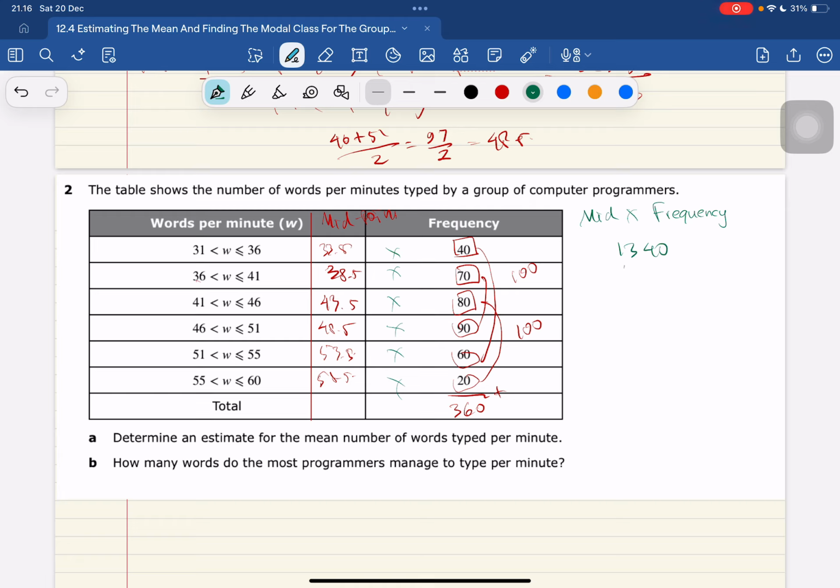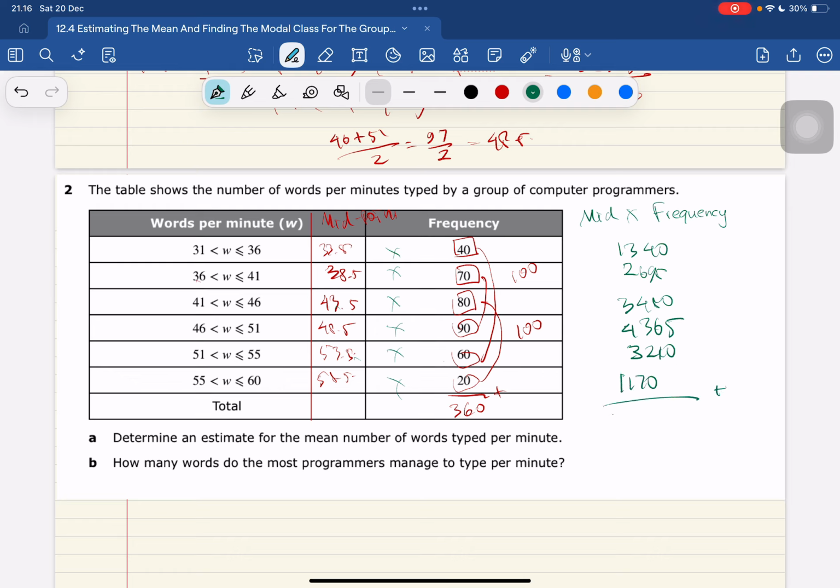Here we multiply, 2695. These two numbers we multiply, 3480. Here also we multiply, 4365. Here we multiply, maybe 3210, and last we multiply, 170.